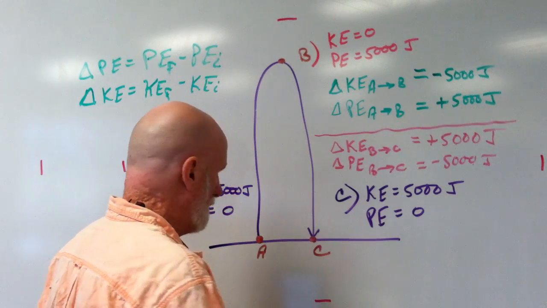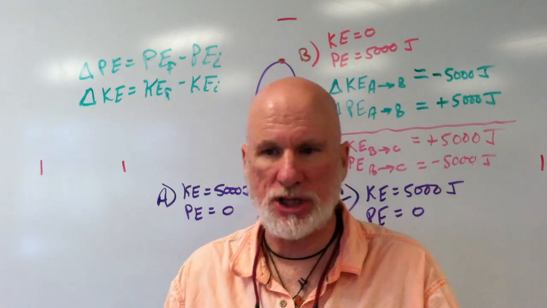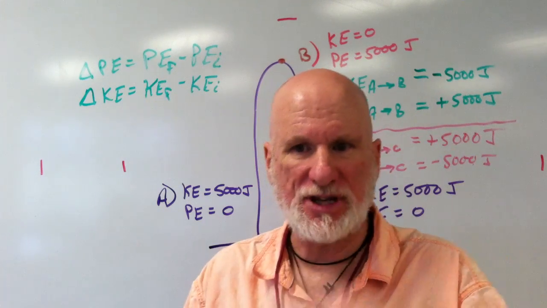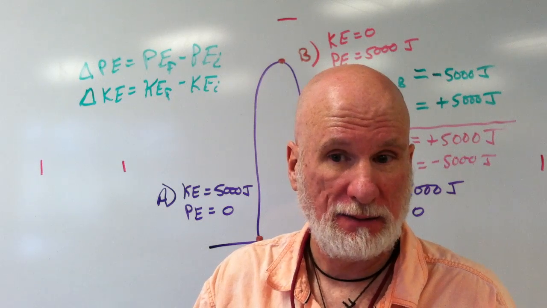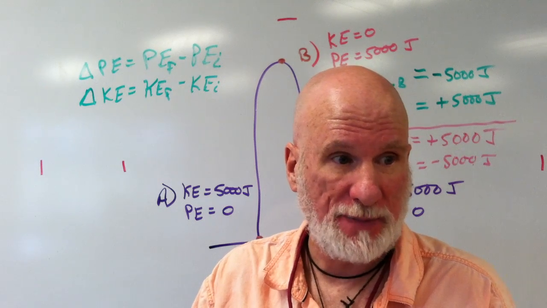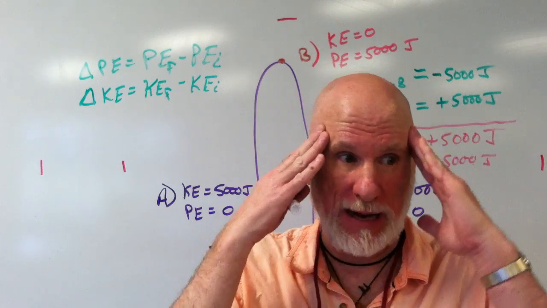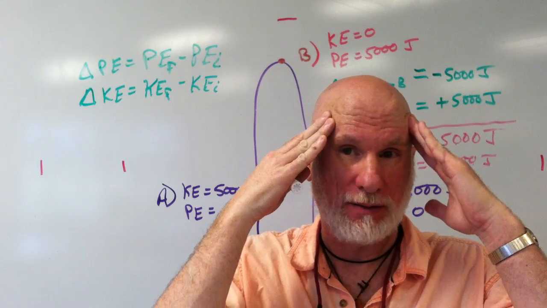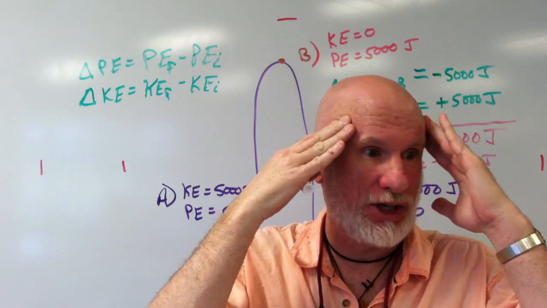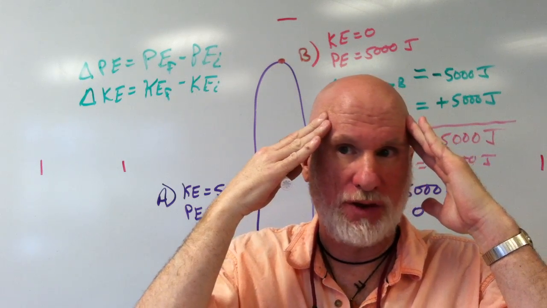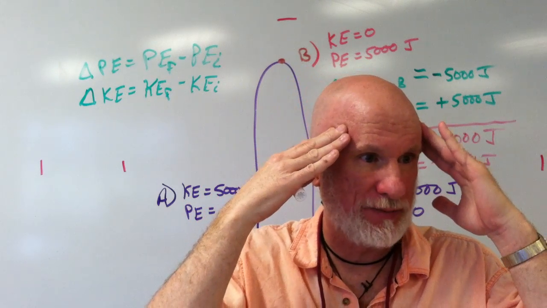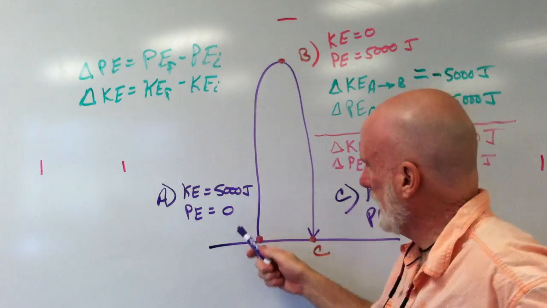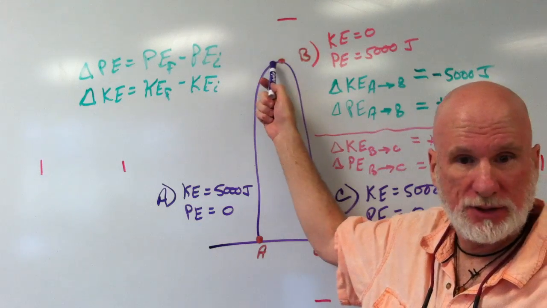So both the change in potential energy and the change in kinetic energy can be positive or negative. It depends on what you're comparing. It's final minus initial. So if it's losing energy, it's negative. If it's gaining energy, it's positive. Look, it lost kinetic energy, so it's negative.